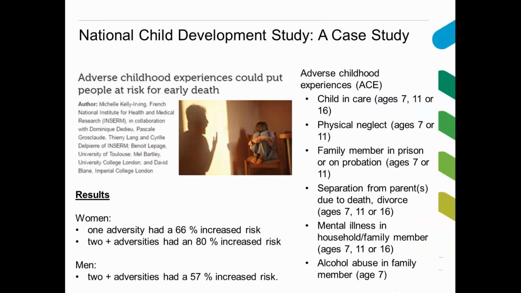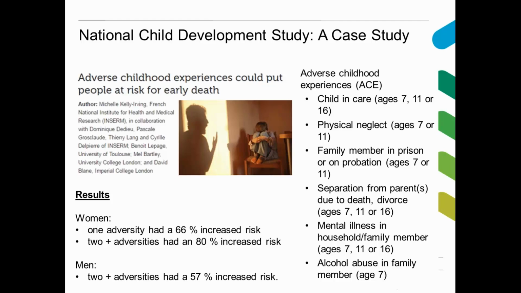And I just wanted to show you an example of a case study which has used the National Child Development Study, which is the 1958 cohort. And this study looks at the adverse childhood experiences and how that influenced people's risk of experiencing early death. And what the study did was isolate some adverse childhood experiences, such as having time spent in care, physical neglect, etc. And the results are quite interesting.